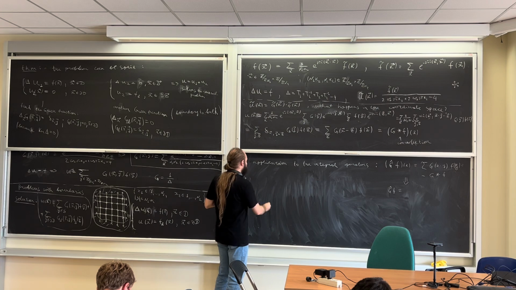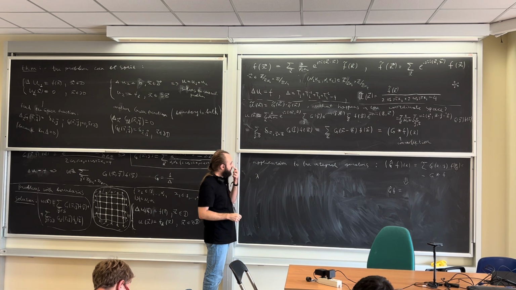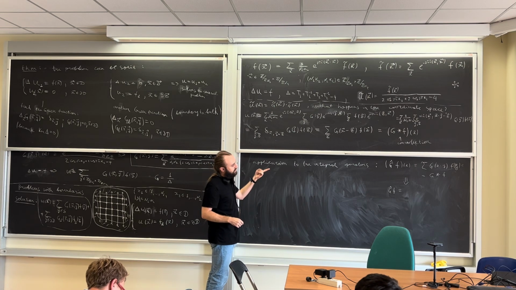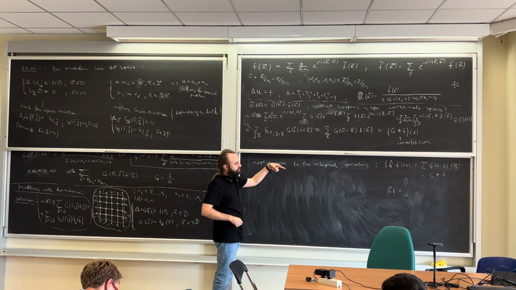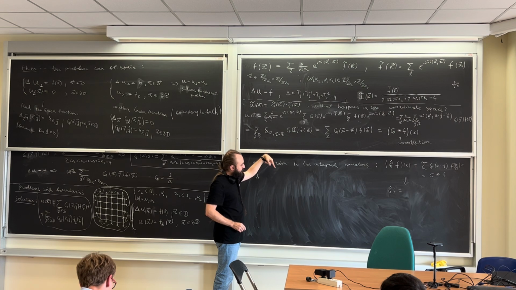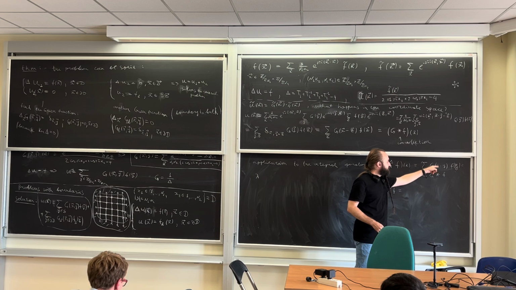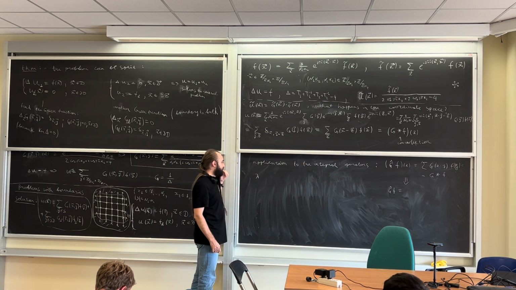Maybe let me formulate some problem. For example, we want to find eigenvalues of some integral operator, or in this case, some finite matrix. It's actually called a Toeplitz matrix, a matrix whose entries depend only on the difference of i and j.